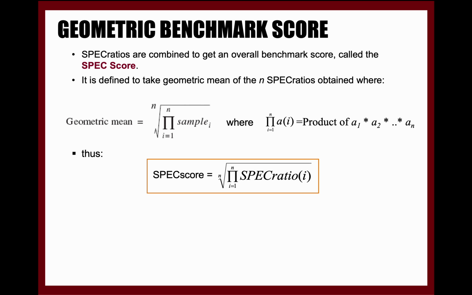To calculate the geometric mean, you multiply the SPEC ratios together, and take the nth root, where n represents the number of SPEC ratios. The formula is displayed as the following.